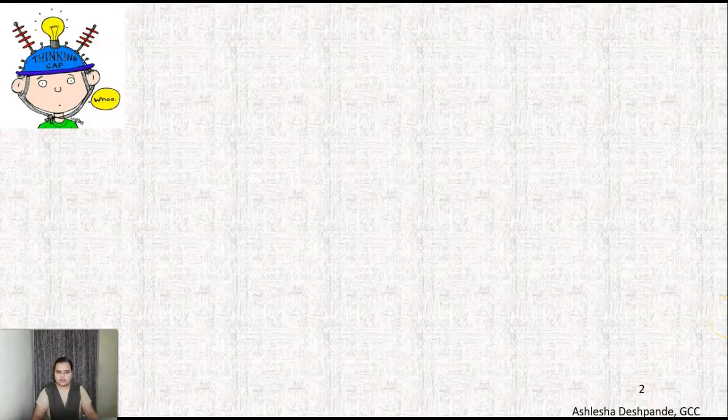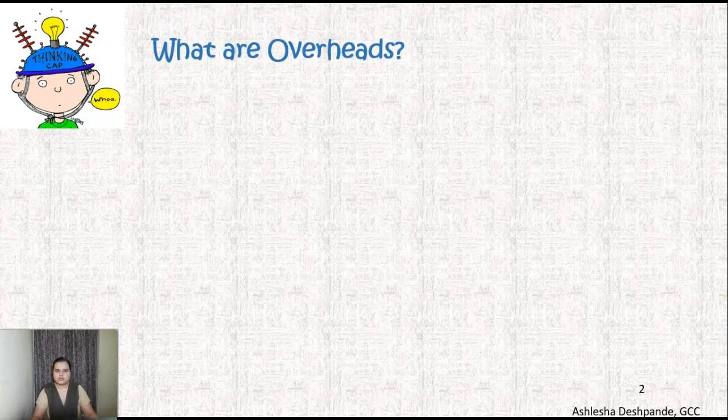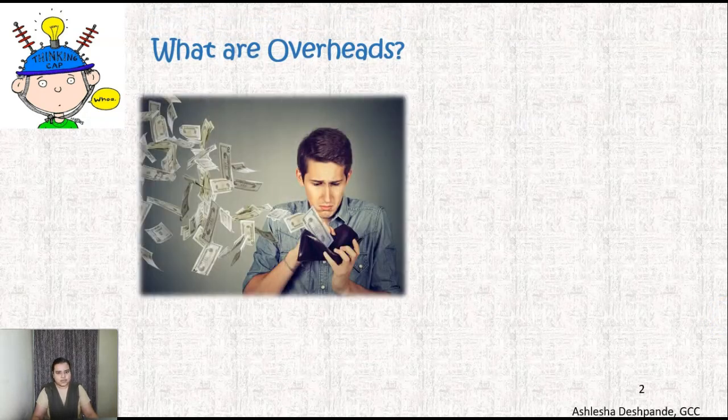As a layman or as a common man, if you are asked, what are overheads? What comes in your mind? Money? Expenses? Cost? If you're thinking like that, then you're thinking in the right direction. Because the basic meaning of overheads is hidden in the word itself. If I break the word overheads into two halves, look what happens.